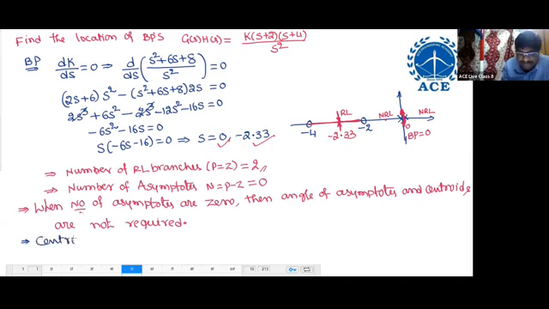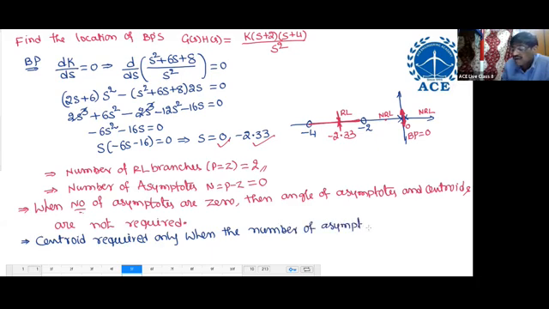If the number of asymptotes is 1, centroid is not required, because angle of asymptote is 180 degrees. 180 degrees means simply left hand side.